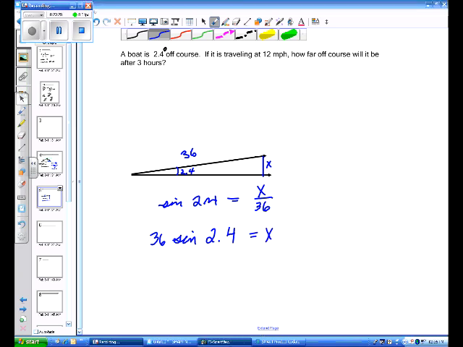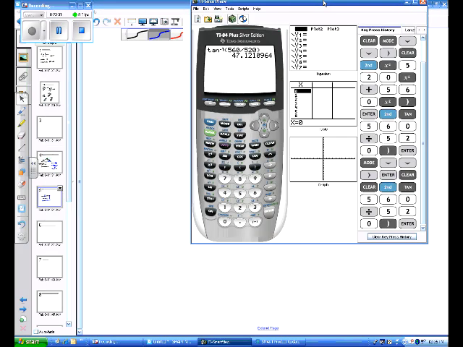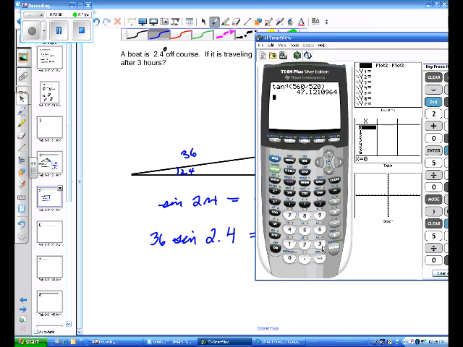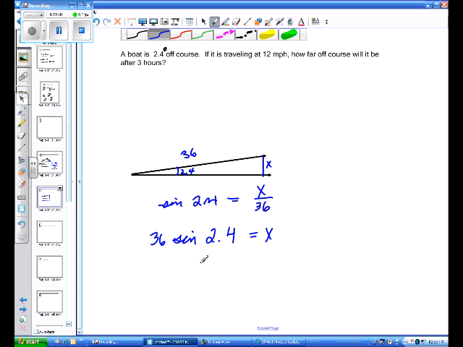And we can put that into our calculator. 36 sine of 2.4. And so we're going to be 1.5 miles off course. We're going to end up 1.5 miles away from where we should have.